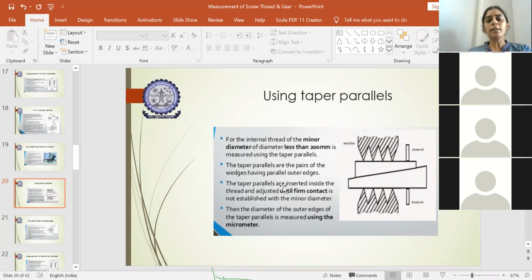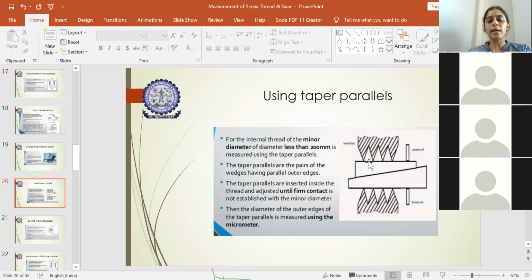The taper parallels are inserted inside the thread and adjusted until firm contact is established with the minor diameter. It will pierce inside until you get a firm contact between the minor diameter and the wedges.